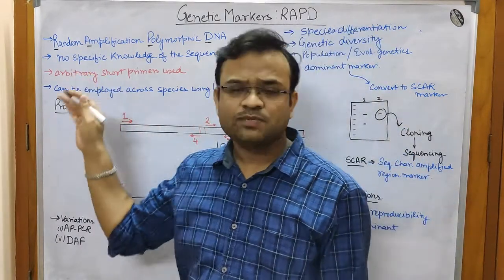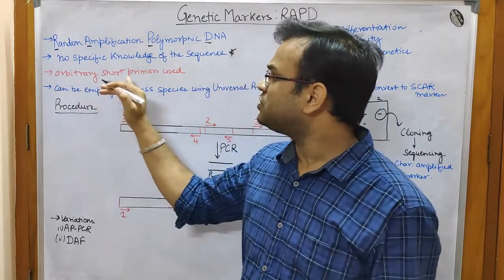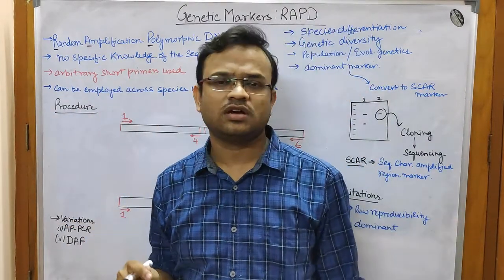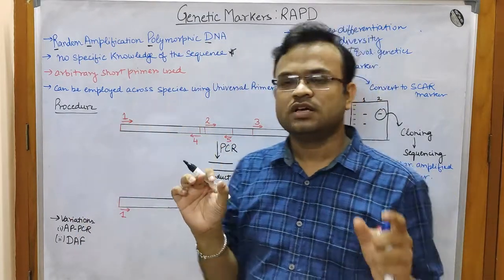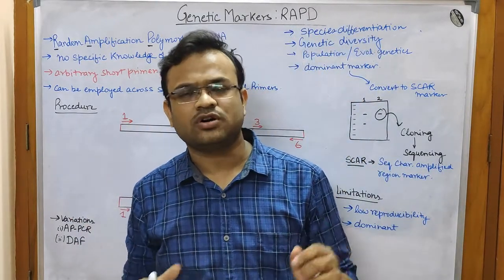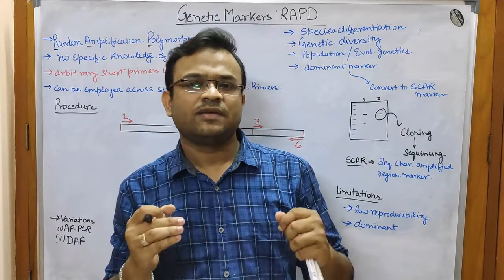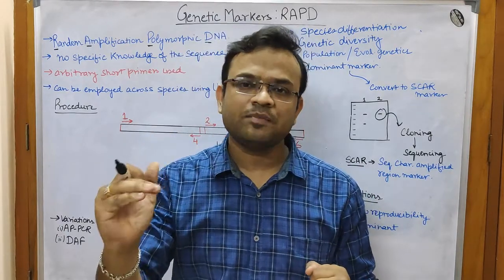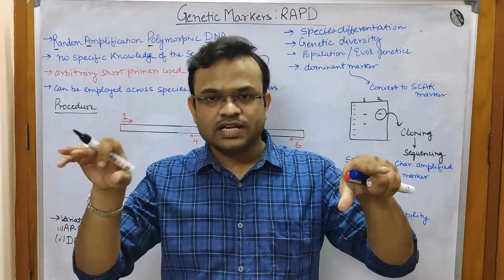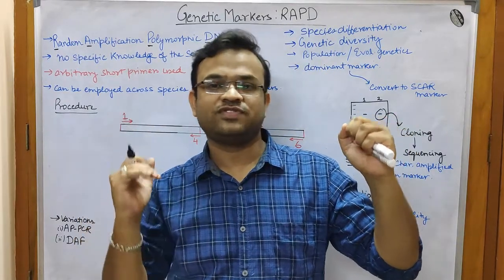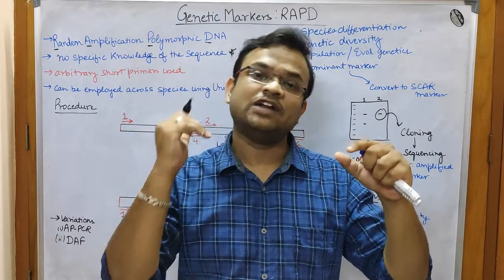Coming to the next point, arbitrary short primers are used. What does arbitrary mean? Random. Short primers are used. The length of the primers should be short. Now let us consider this: the more the length of the primer, the higher would be the specificity of the primer to bind with the sequence.